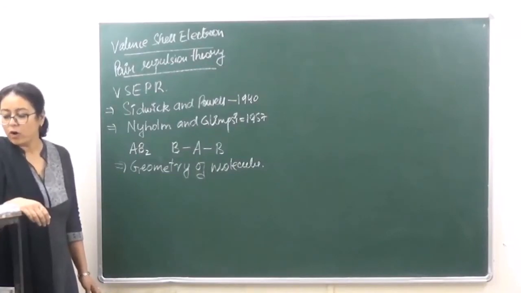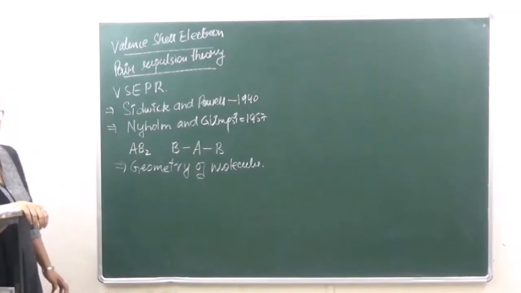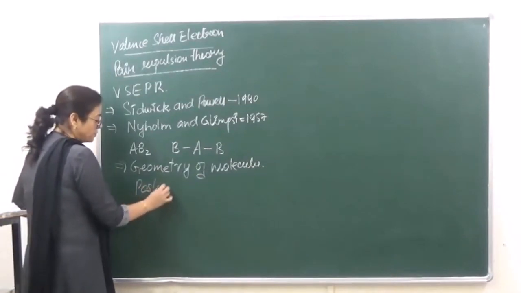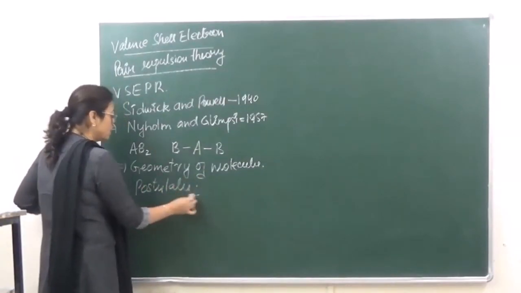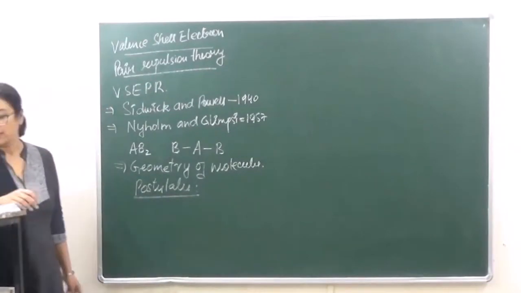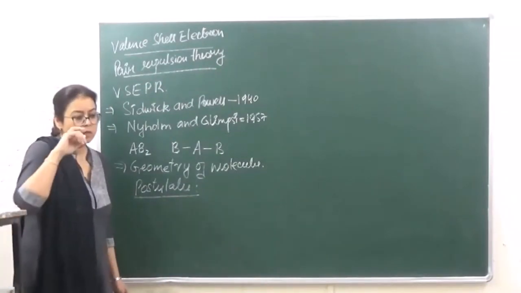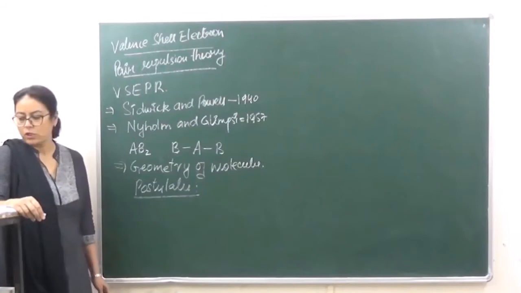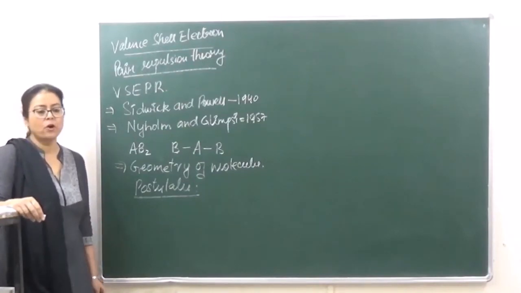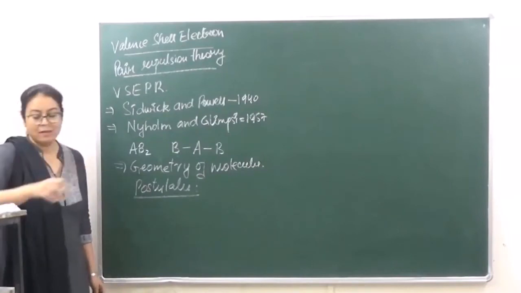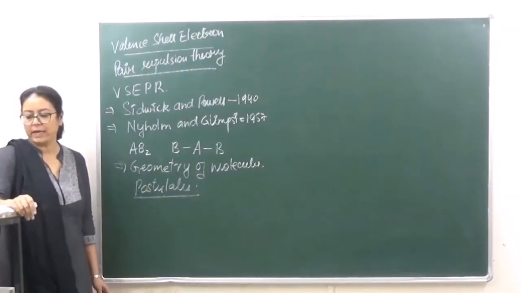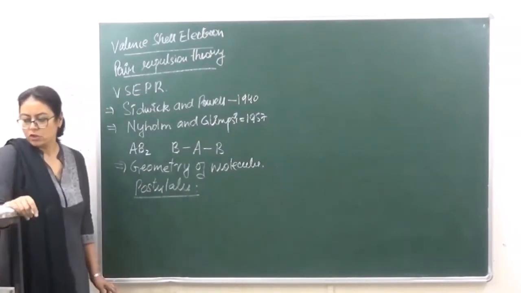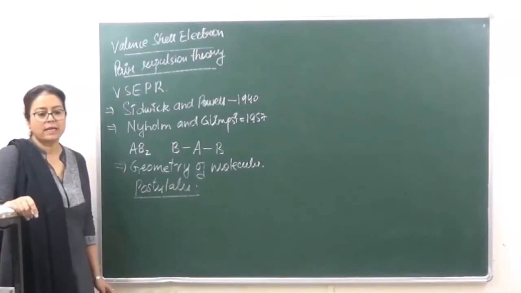Okay? Now, in order to explain this, you just write down the postulates of this theory. Main postulates. Number one, the shape of a molecule depends upon the number of valence shell electron pairs around the central atom.